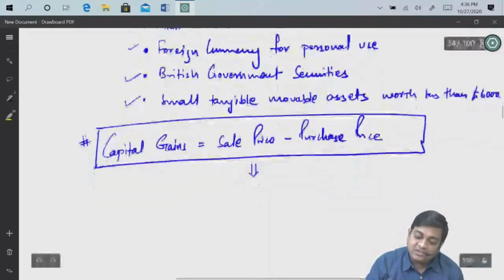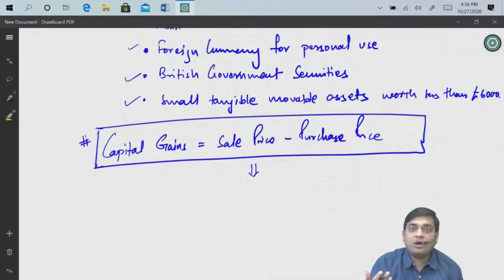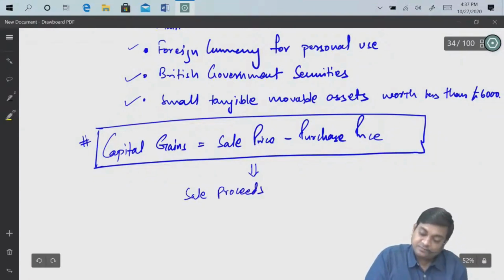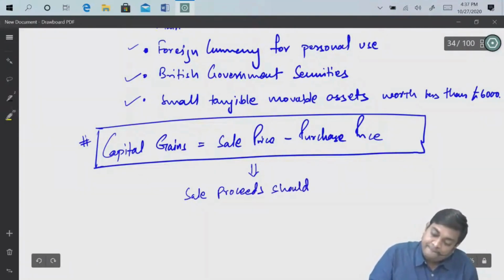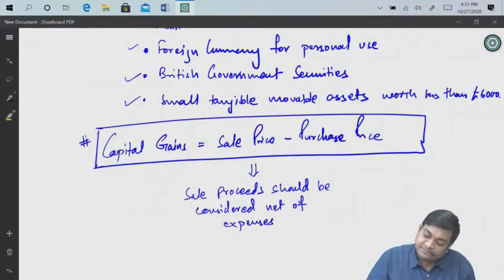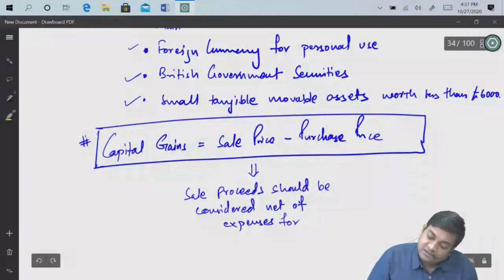There are two considerations. First of all, say for example, if you are selling through a broker, you are paying selling commission, right? So sale proceeds should be considered net of expenses for sale, right?